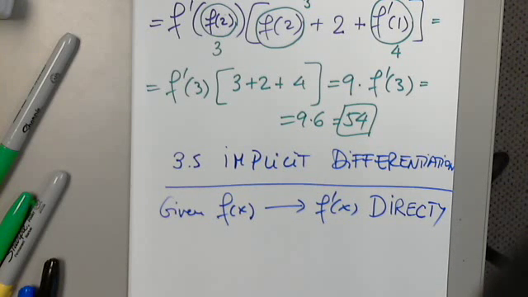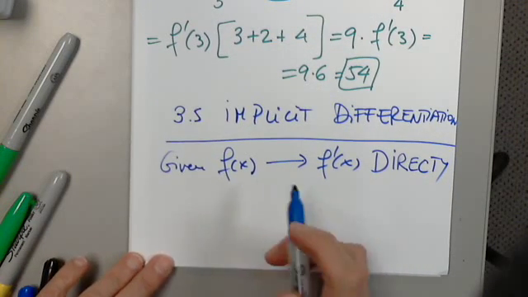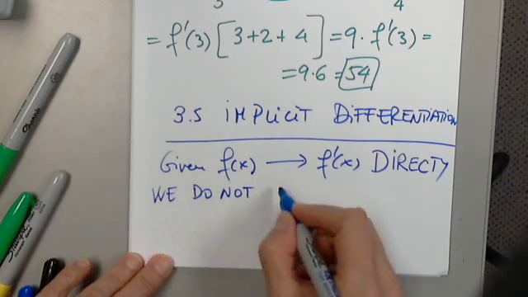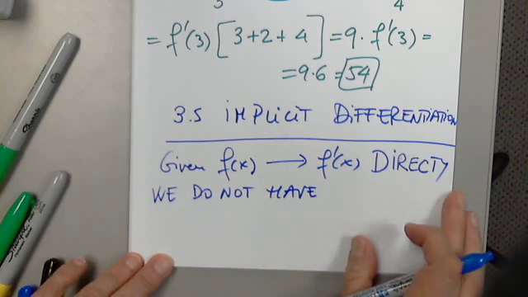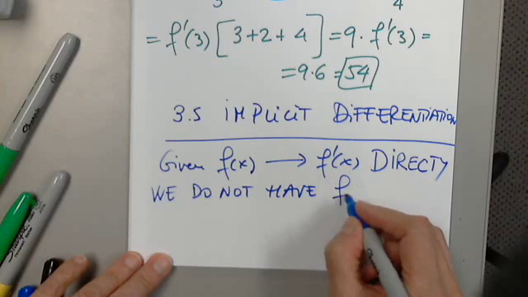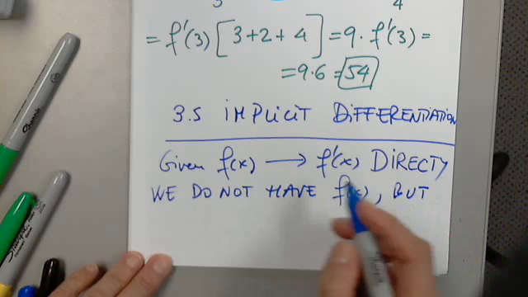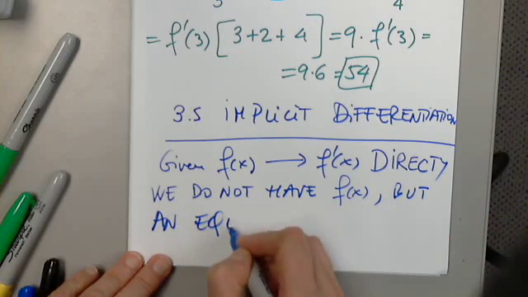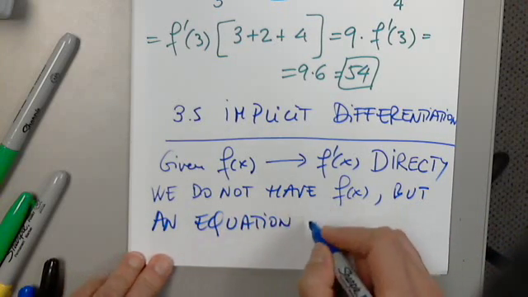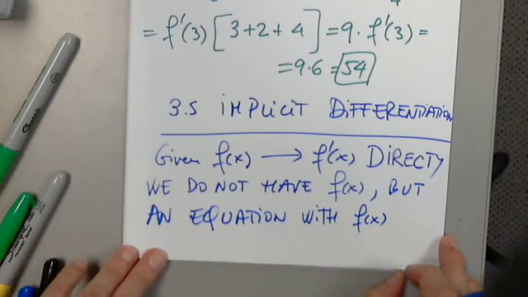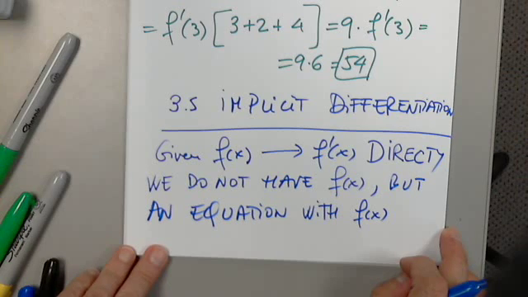When we talk about implicit differentiation, we do not have f of x. Normally we do not have f of x, but an equation with f of x that mainly cannot be solved for f of x.